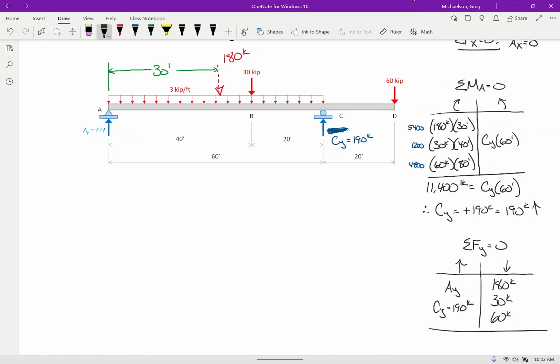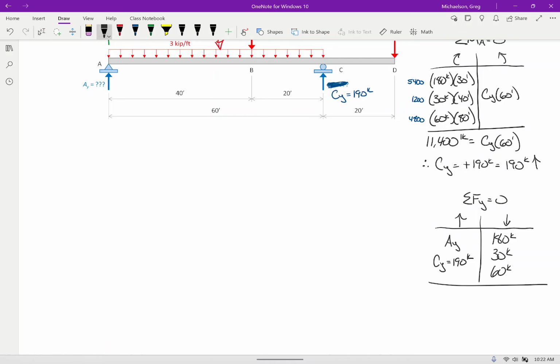Hopefully I'm not doing this part too fast. Hopefully this is easy, right? $30 and $60 is $90, $90 and $180 makes $270.